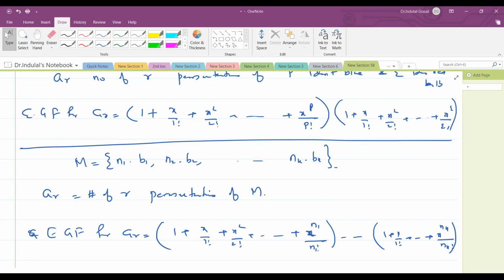The first bracket is for B1, the second for B2, etc. And AR is the coefficient of x raised to r by r factorial. We get the total number of r permutations of this multiset capital M.